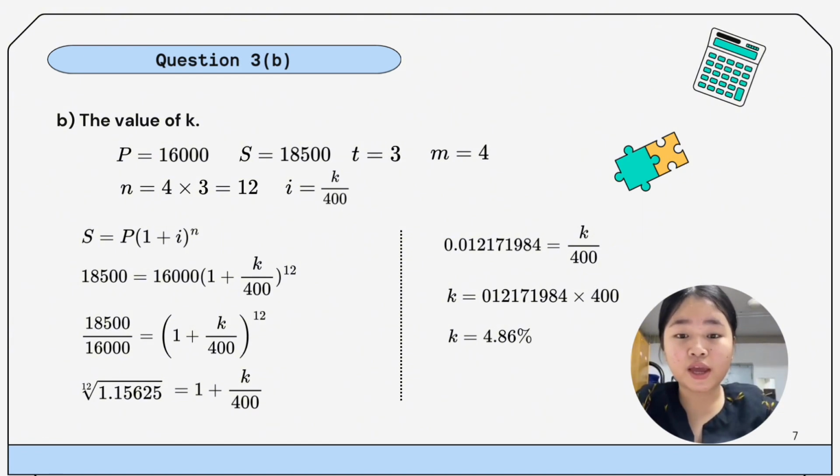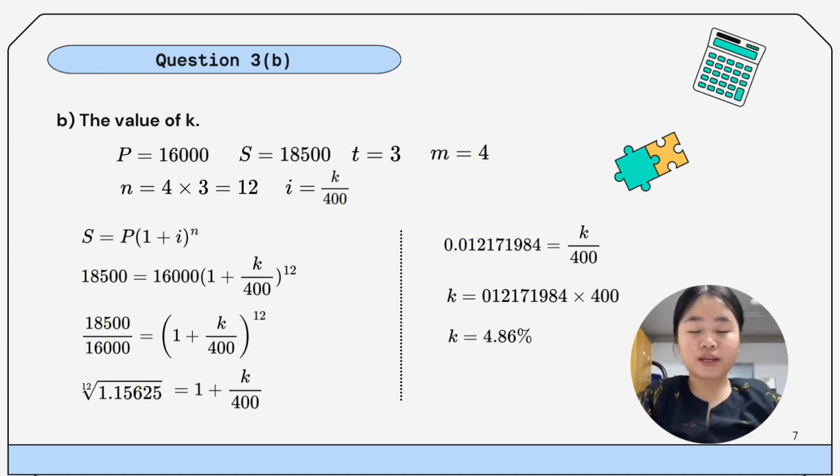The formula is S equals P (1 plus I) to the power of N. 18,500 equals 16,000 (1 plus K over 400) to the power of 12. Next, 18,500 over 16,000 equals (1 plus K over 400) to the power of 12.